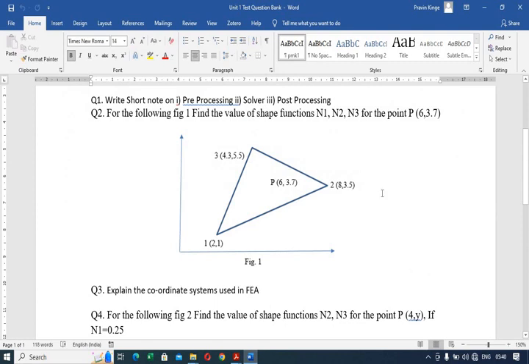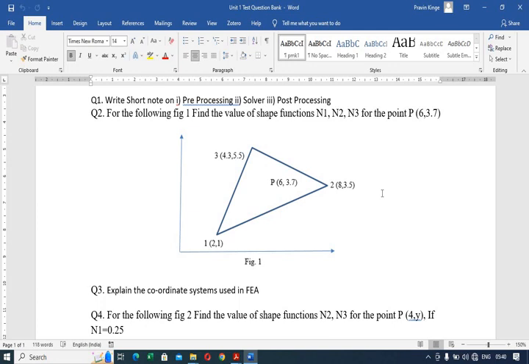So the first question that could be part of your end semester examination is: write short note on pre-processing, solver and post-processing. So what is basically pre-processing? The analysis in the computer aided engineering subject is divided into 3 stages.